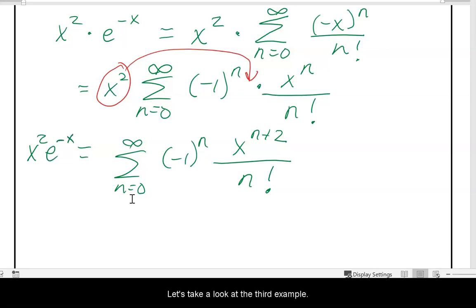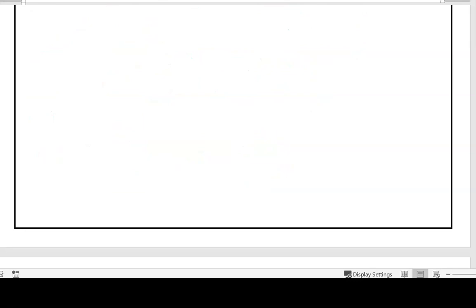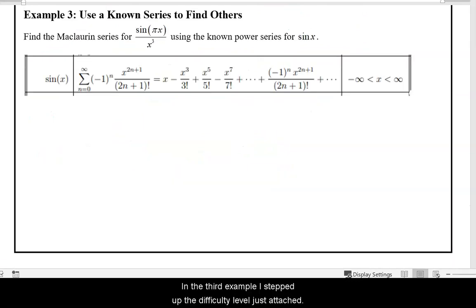Let's take a look at the third example. In the third example, I've stepped up the difficulty level just a tad, but still it's not going to be terribly difficult. We're looking for a new power series representation for the sine of the quantity pi times x, all divided by x cubed, using the known power series for sine of x.